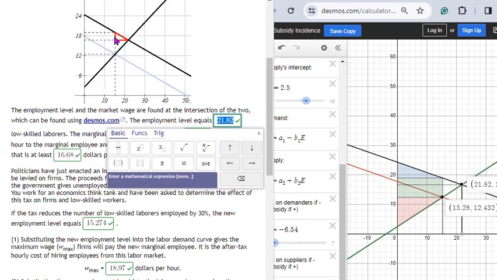Oh, notice this little red triangle here. I draw the red triangle here for you, right? This is the loss in surplus to the small high-cost firms. They're out of business now, right? And this is the loss in their gains to trade, right?